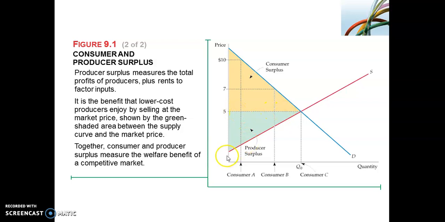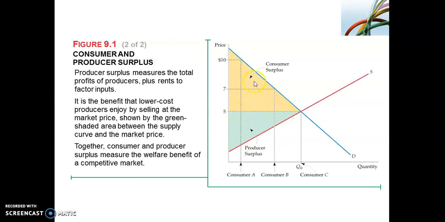So the area shaded green, between the market price and the supply curve, represents your producer surplus: above your supply curve but below the market price.